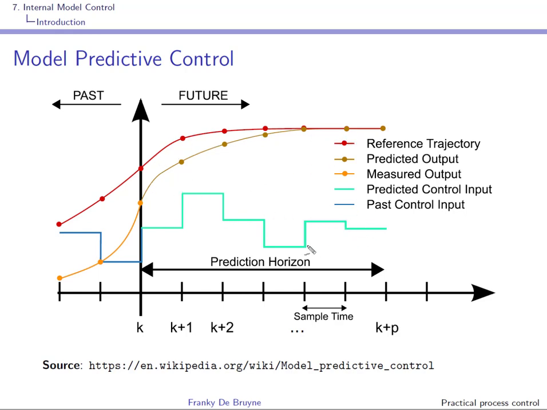Using this control strategy, you can see that the predicted output will go to the reference trajectory, and what is done is to apply the first control in this sequence. At the next sampling instant, here k+1, we'll redo the optimization exercise with a prediction horizon that has shifted by 1, and this will allow us to react to disturbances in the process.